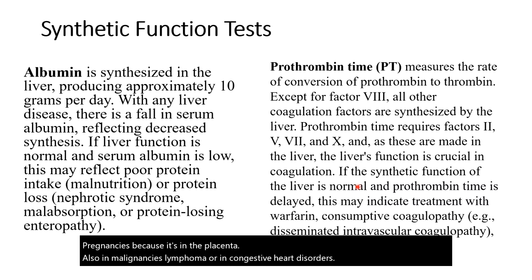Prothrombin time measures the conversion of prothrombin to thrombin, and except for factor VIII, all of the other factors are synthesized in the liver. Prothrombin time is measuring factors 2, 5, 7, and 10, and those are crucial for coagulation.